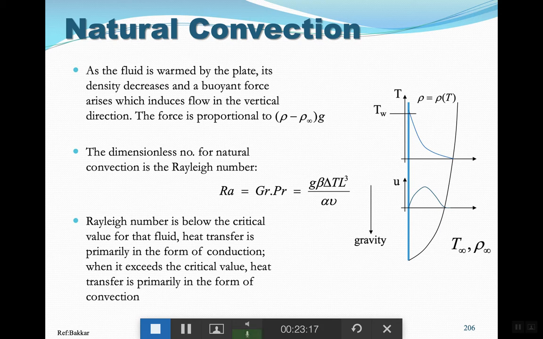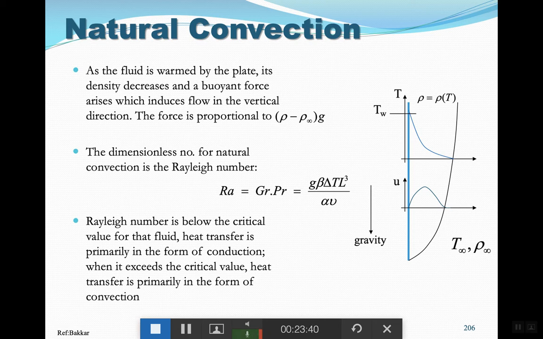And remember, if you have forced convection in the system, you don't need to calculate the Rayleigh number, because whatever happens with natural convection, the order of magnitude for forced convection is much higher, so we only consider forced convection.